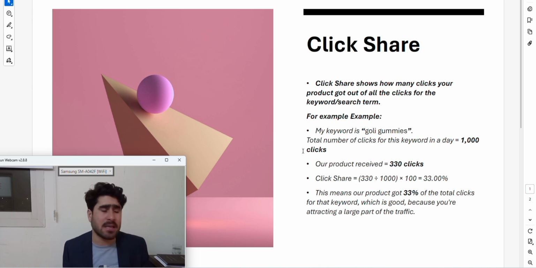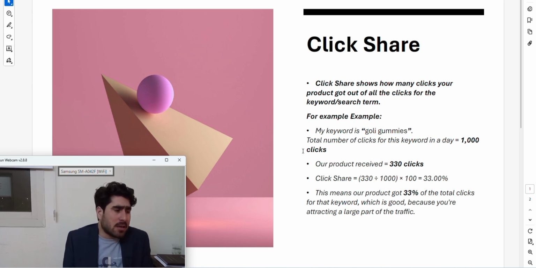So how to calculate this: 330 divided by 1000 times 100. So 33% is my click share. This means our product got only 33% of the total clicks per that keyword, which is good, because we are attracting a large part of the traffic.